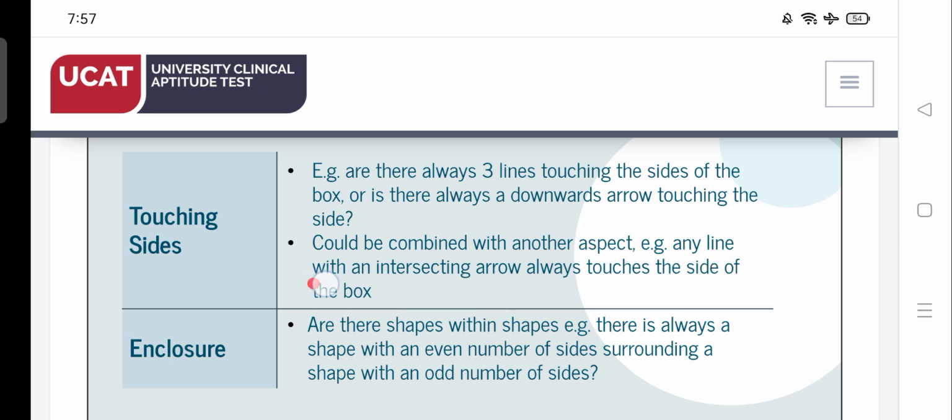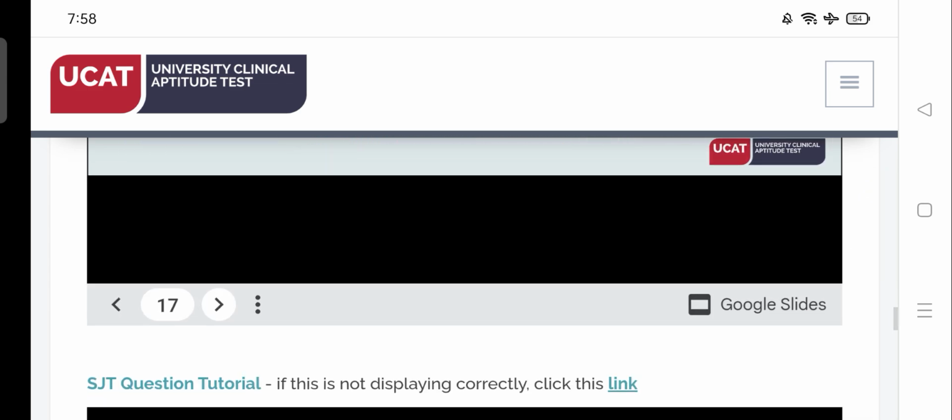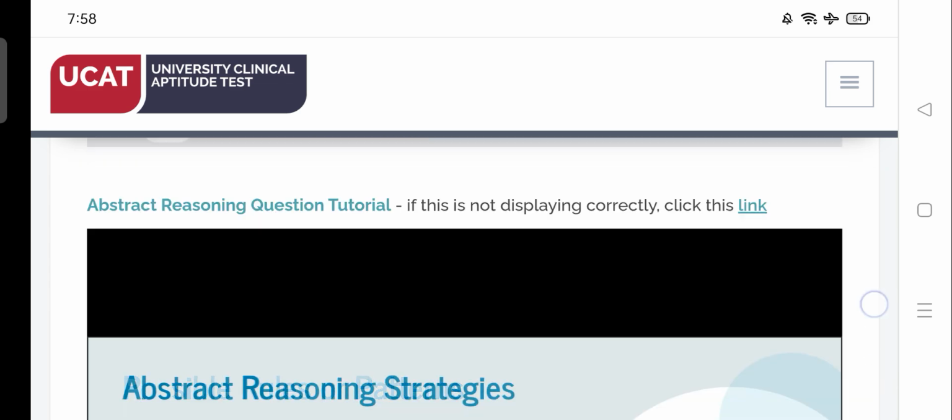Example, any line with an intersecting arrow always touches the side of the box. Enclosure: are the shapes within shapes? Example, there is always a shape with an even number of sides surrounding a shape with an odd number of sides. So these are the patterns or rules that you have to memorize to solve these types of questions that will help you to conclude your answers.